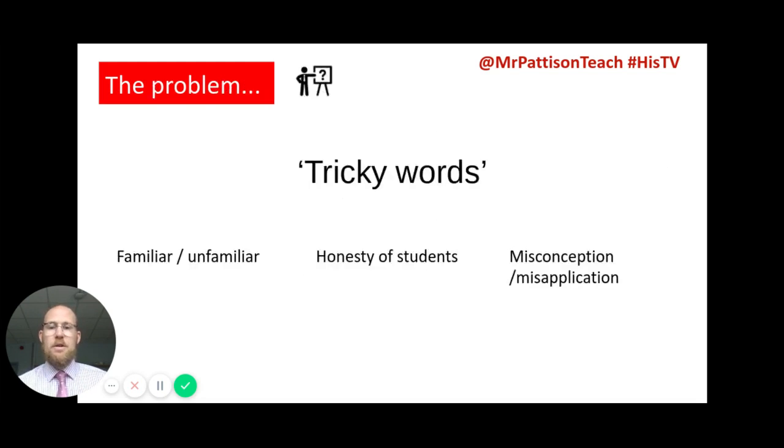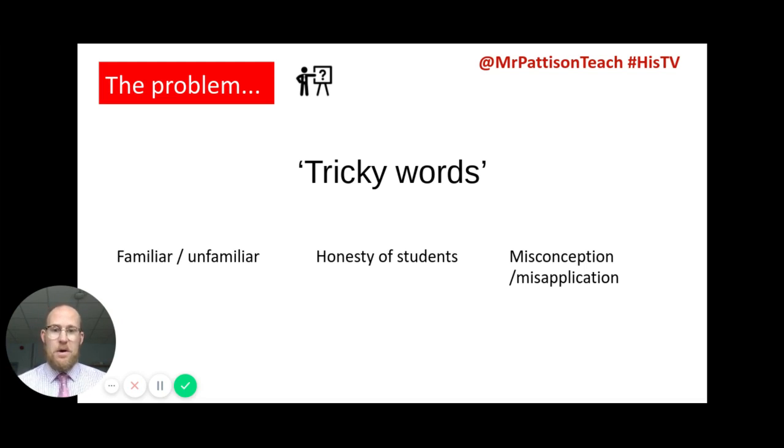For example, when tricky words came up, students were unable to connect with them in the way that I wanted. This could be for two different reasons. It could be because the words themselves were familiar in a way that they switched off because they felt, I understand what that word means, when in fact, it turns out that they have a misconception or they're misapplying the word.